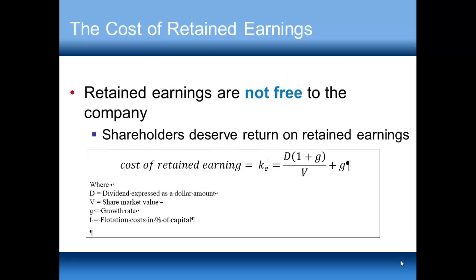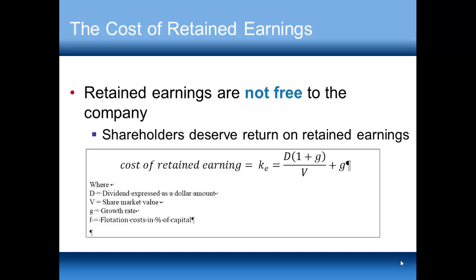Retained earnings are not free. So remember, there's no flotation cost here, but if you are using retained earnings, you still need to give some kind of return to your investor. So we do have to calculate, even though we haven't given him back his money, we're not giving him back a return directly, he is expecting that money to grow in some way.